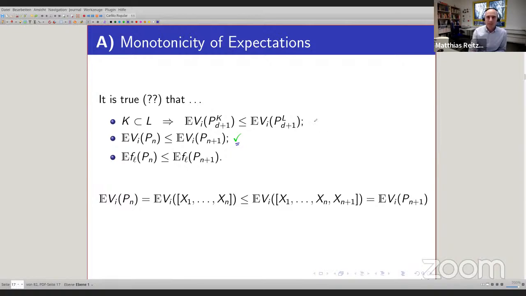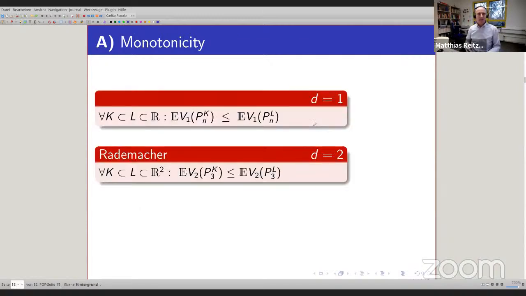Okay, let's start with the first non-trivial monotonicity property. This is the property here, and the question is whether this monotonicity is true. And say for the one-dimensional case, this is a trivial computation. Really trivial, and you see immediately that this is monotone increasing in the set.